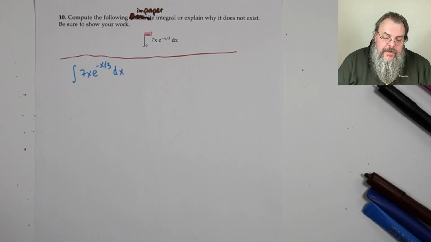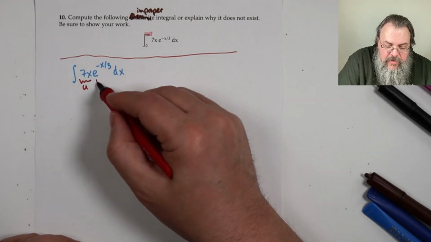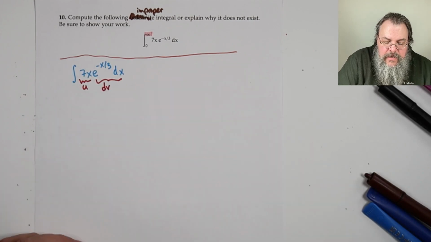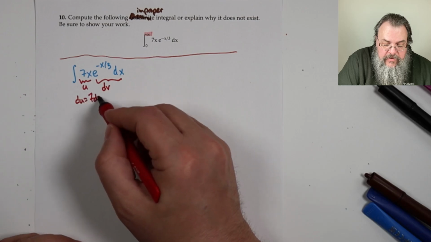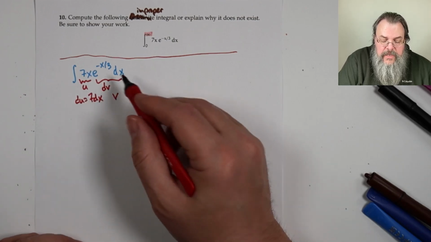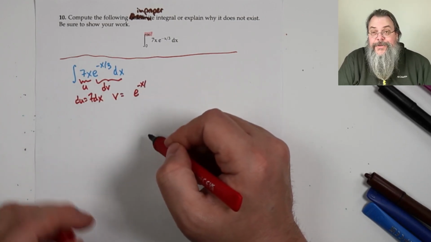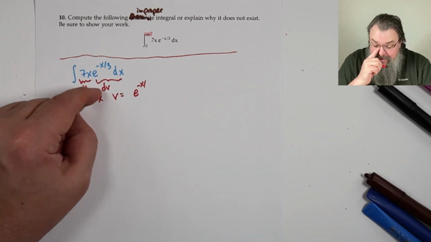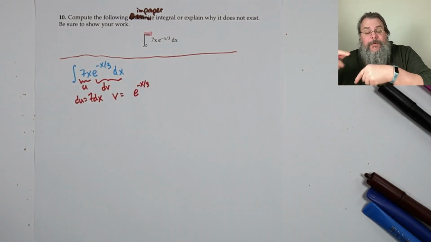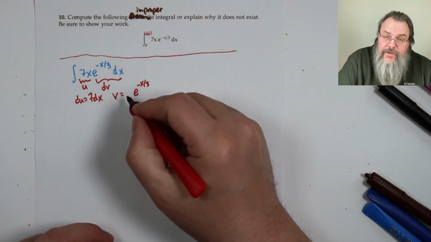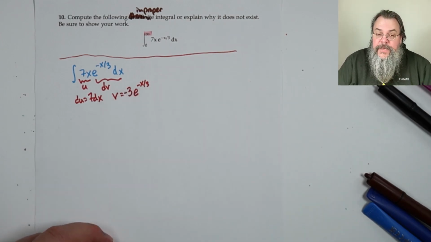So with that in mind, we let u be the 7x and dv be e to the minus x over 3. du becomes 7dx. And the antiderivative of e to the minus x over 3, because that's v, is e to the minus x over 3, but then you have to account for that negative 1/3 upstairs. So you divide by negative 1/3, which means multiply by negative 3.